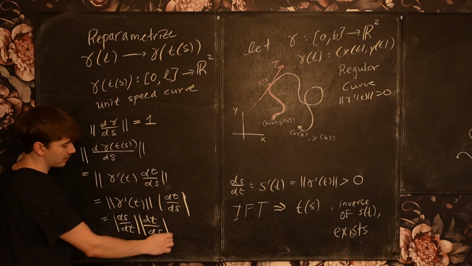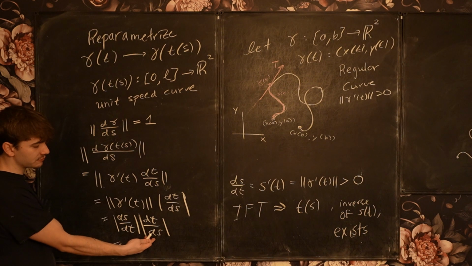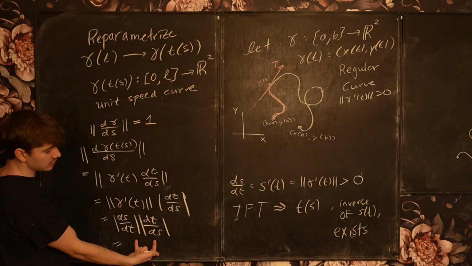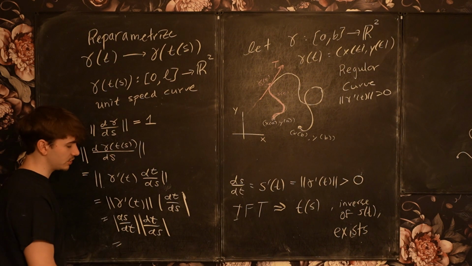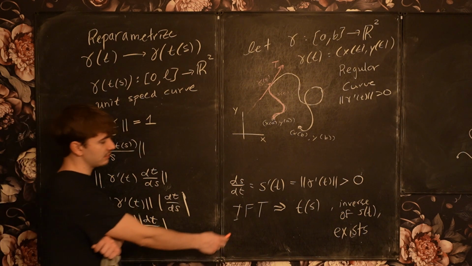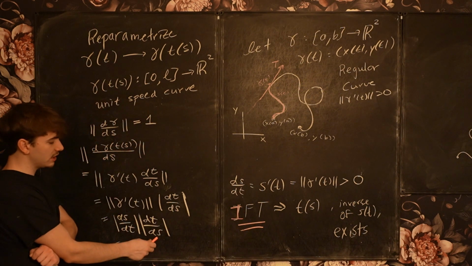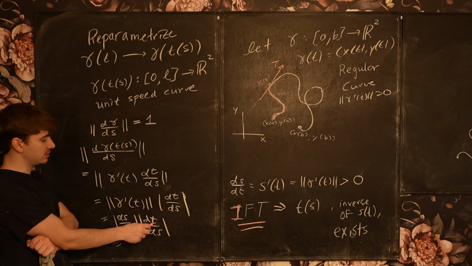By our previous calculation, when I multiply these two quantities together, the inverse function theorem tells me that this quantity is the derivative of the inverse function. T is the inverse function that we use the inverse function theorem to garner. We use it to get t as a function of s.